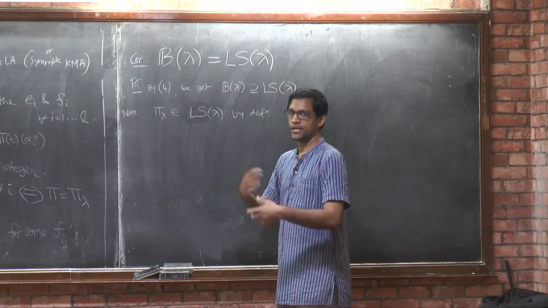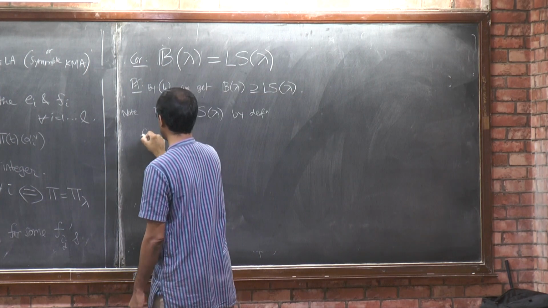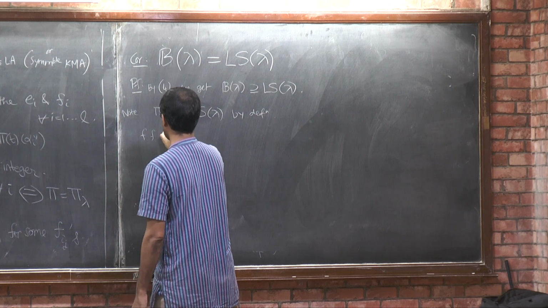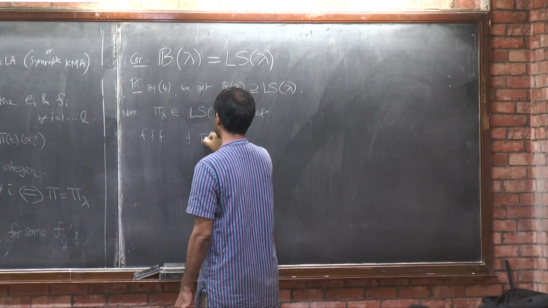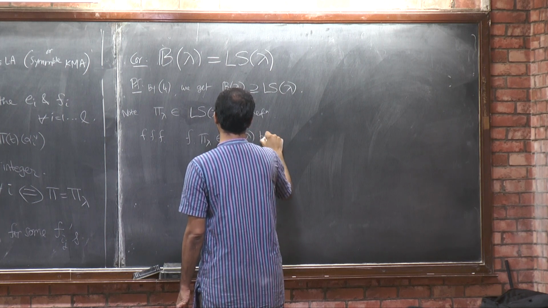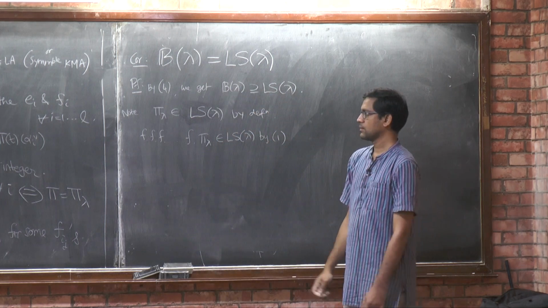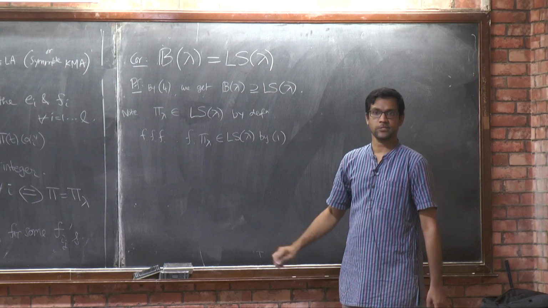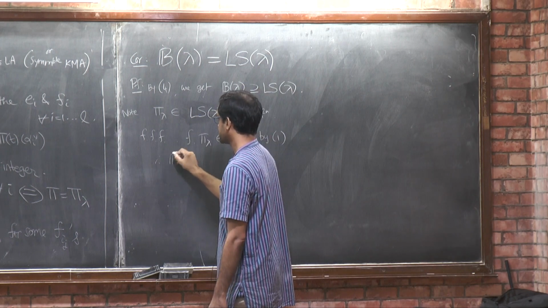So if I act a string of F_i's, then of course it's going to be in LS. So any string of F's acting on pi lambda, the answer will continue to be in LS by property 1. Okay. Therefore, B is contained in LS. This collection of all such paths is what we call B. Therefore, B is contained in LS.